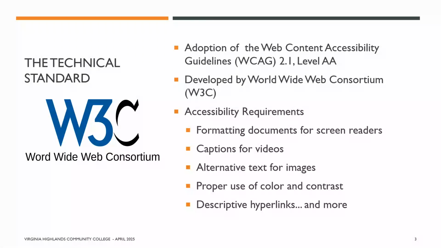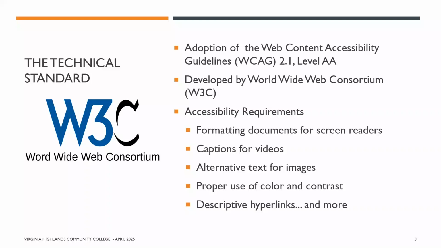The specific technical standard that we must adhere to is the Web Content Accessibility Guidelines, or WCAG 2.1 Level AA. Think of WCAG as a set of internationally recognized guidelines that outline how to create accessible web content.